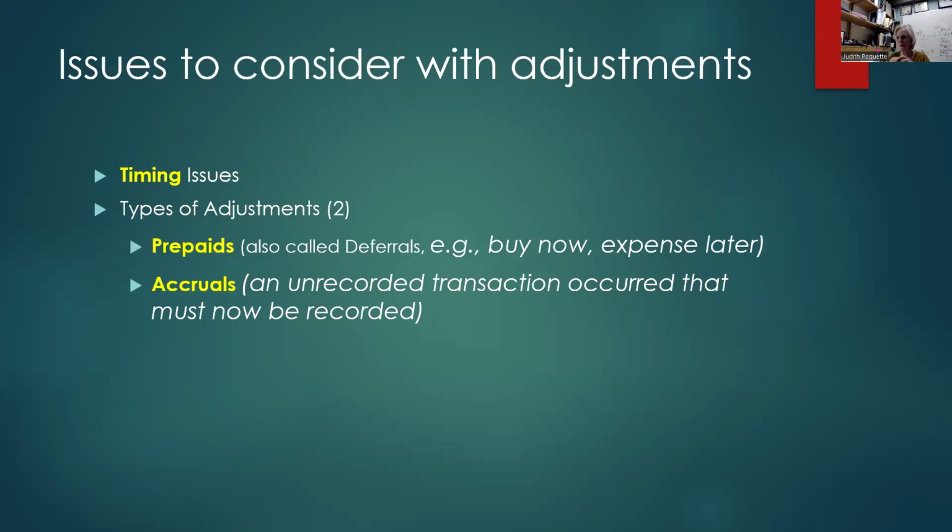Put the prompt on one side, the journal entry on the other, and get comfortable with the accounts, and then also with the calculations. So you're really learning 2 things. You're learning what accounts are in the adjusting journal entry, and then often there's a calculation you have to make for the adjusting journal entry.